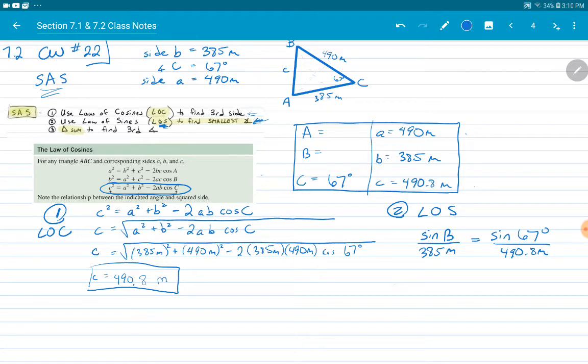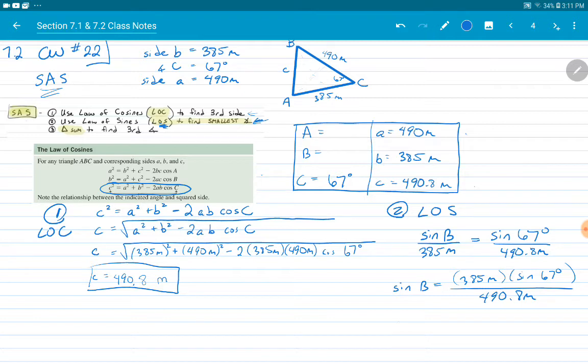Solving for sine of B. Multiplying both sides by 385 meters, I get 385 meters times sine of 67 degrees over 490.8 meters. I see my meters cancel out. That gives me a little confirmation that my unit is right. So I did something good.